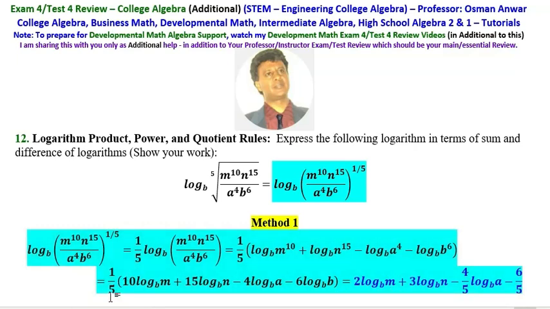Then 10 divided by 5 is 2, that is 2 log base b of m. 15 divided by 5 is 3, that is 3 log base b of n. Minus 4 divided by 5 is minus 4 over 5 log base b of a. Then minus 6 divided by 5 is minus 6 over 5 log base b of b, which is 1, so this is just minus 6 over 5. So this is method 1.